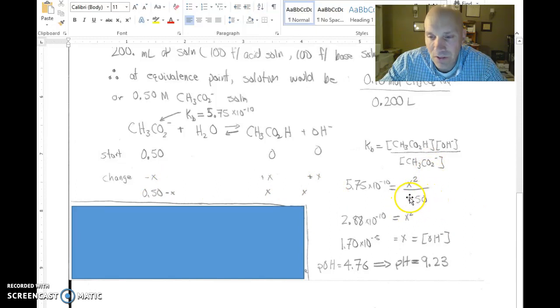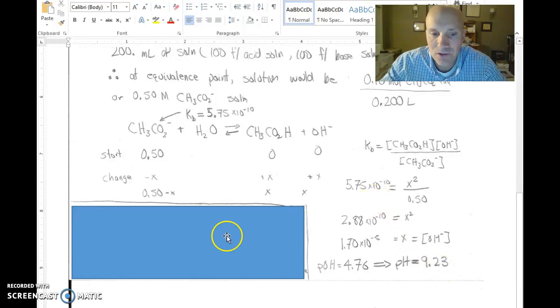Again, remember that we've assumed that since this is a weak base, the 0.5 minus x is essentially the same as 0.5. We have x squared on the top. We are eventually able to calculate our hydroxide concentration. That would then allow us to calculate a pOH, and from the pOH we could calculate a pH.